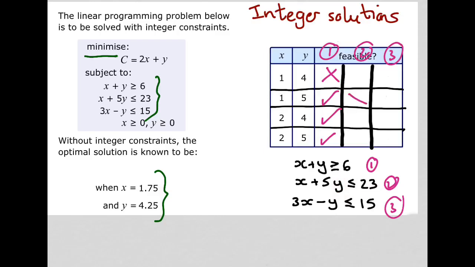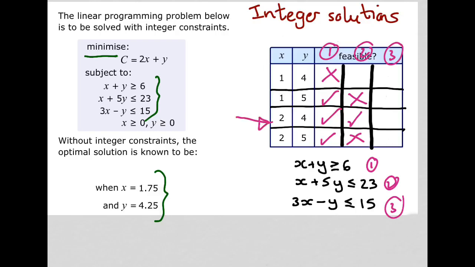So I'm going to put a cross there. If I put 2 and 4 in, that gives me 22, so that one actually works. If I put in 2 and 5, 2 plus 25. No, that one's too big, so that one fails as well.